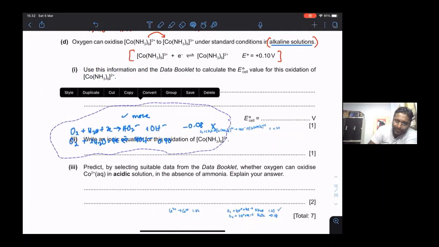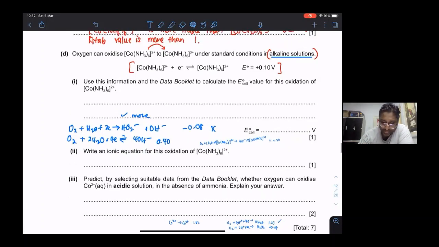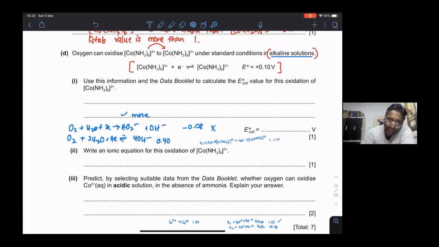If you look at this information, I took it based on the fact that they mentioned it's an alkaline solution and oxygen. So oxygen must be there, so I select something that has OH minus.